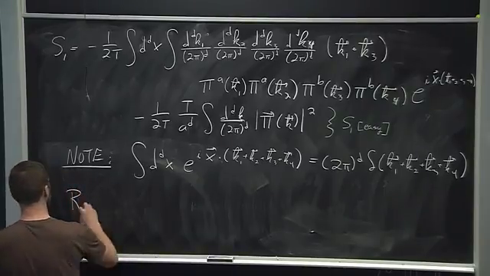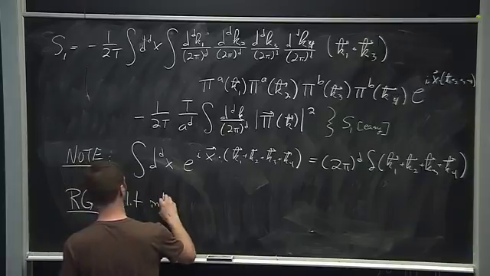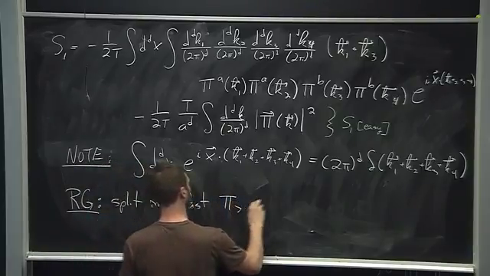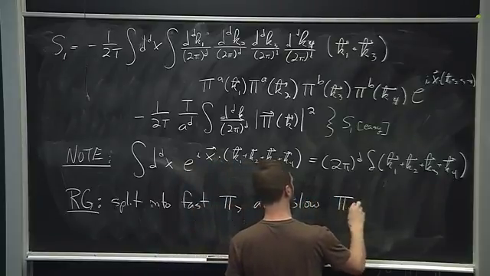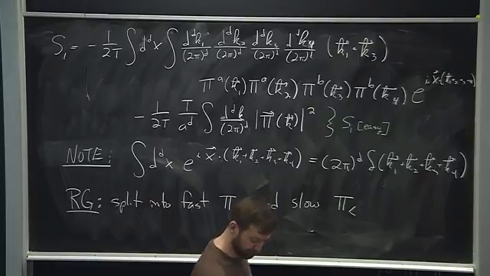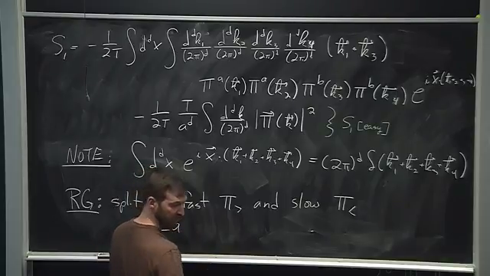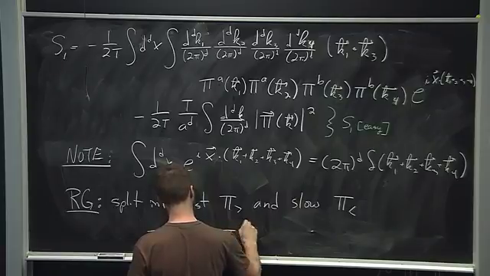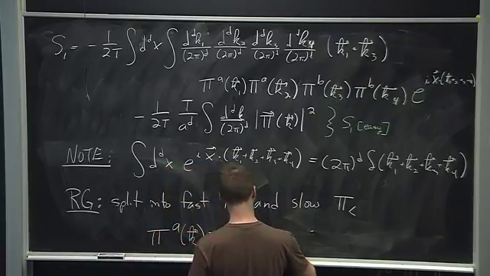Okay, so now let's do the RG. Split into fast and slow modes, where for every component, for every momentum, slow plus fast.